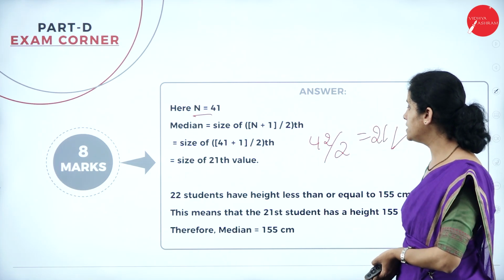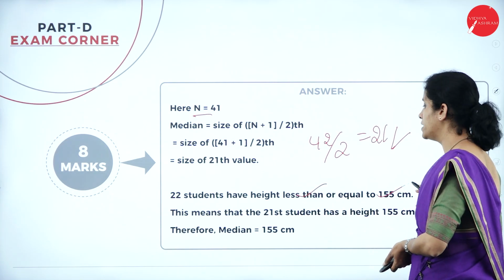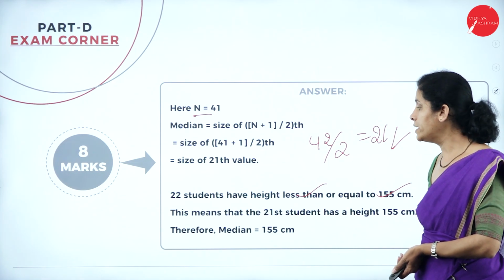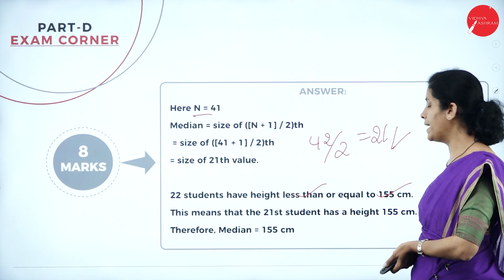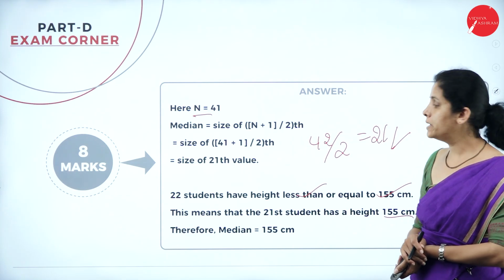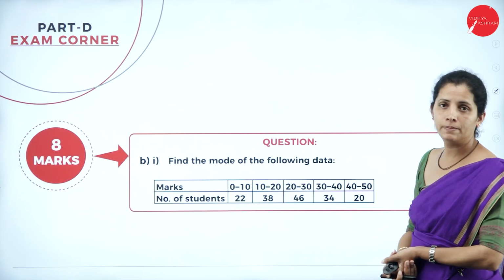So 22 students have a height less than or equal to 155 centimeter. This means that the 21st student has a height of 155 centimeter. Therefore, the median here is 155 centimeter.